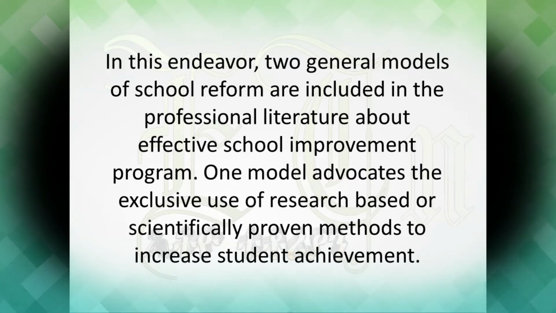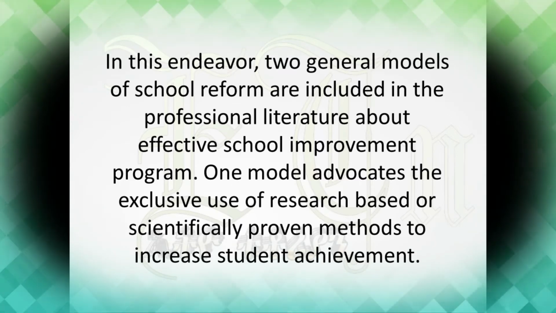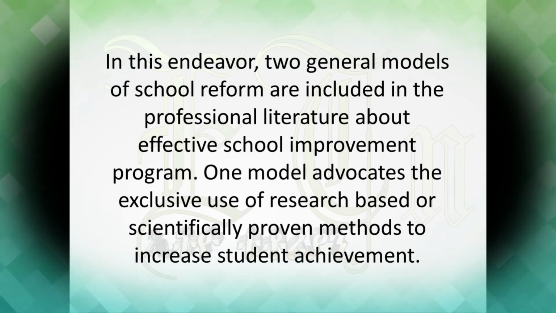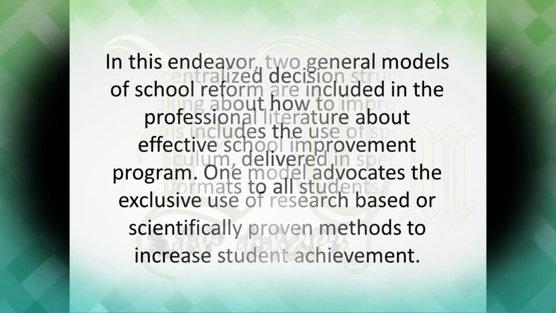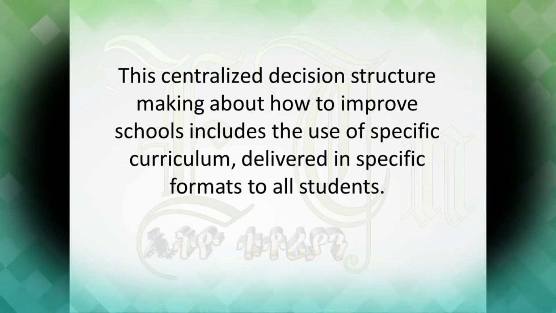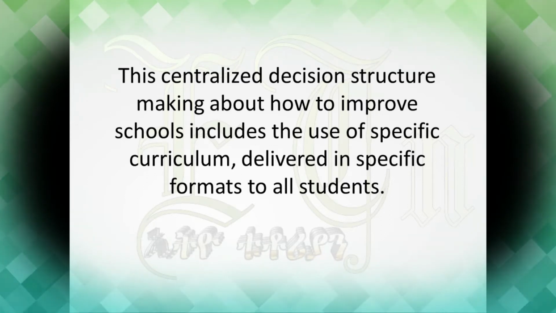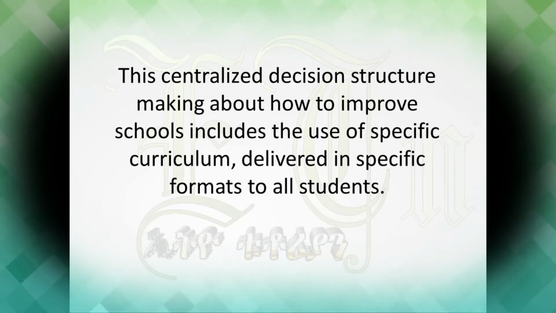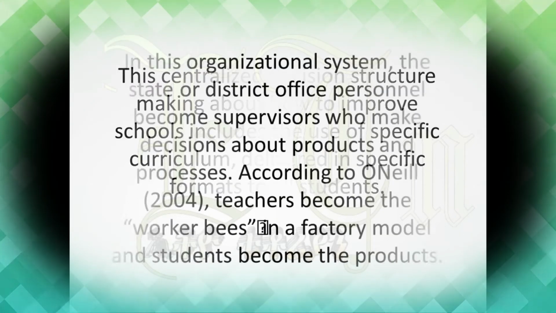In this endeavor, two general models of school reform are included in the professional literature about effective school improvement programs. One model advocates the exclusive use of research-based or scientifically proven methods to increase student achievement. This centralized decision-making structure about how to improve schools includes the use of specific curriculum, delivered in specific formats to all students.